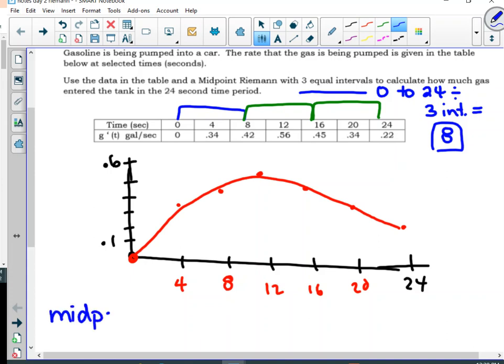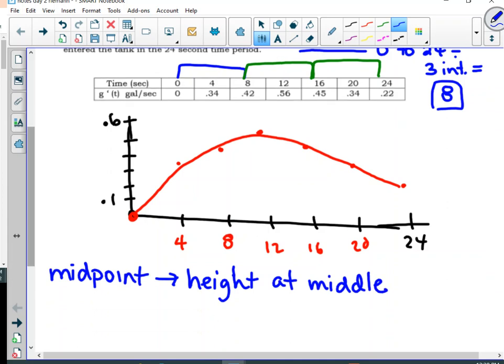When we're doing a midpoint Riemann, just like it sounds, we describe our Riemanns based on where we're going to get the height for each rectangle. In a midpoint Riemann, we're going to do the height at the middle of each x interval.